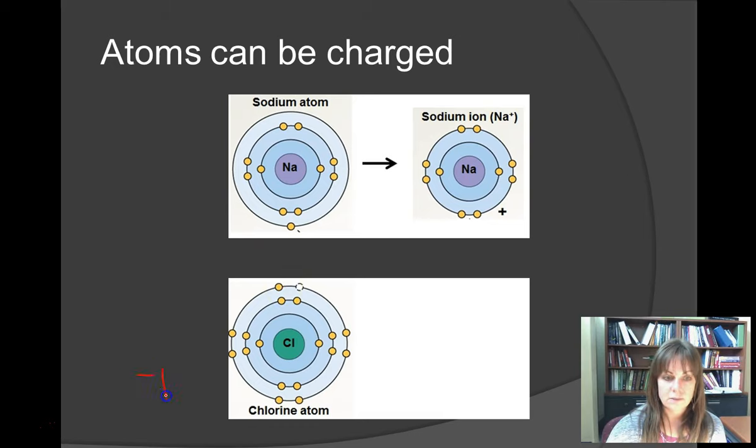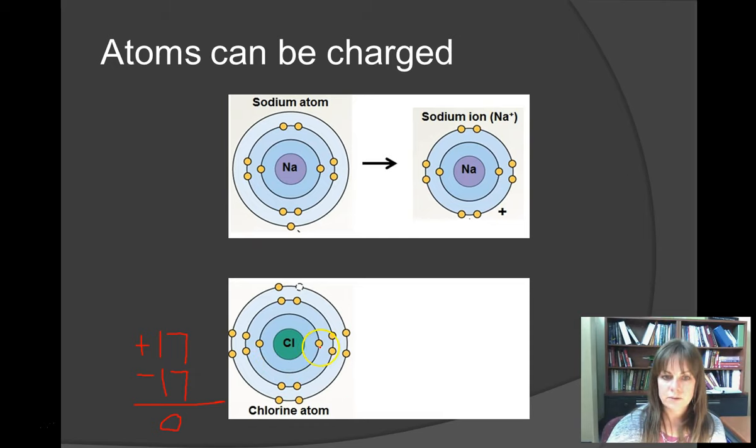So we have a minus 17 charge. Okay, we know because it's chloride or chlorine that it is going to have 17 protons. So that gives this atom a total charge of 0, because 17 minus 17 is 0. But let's ask ourselves, is it stable?